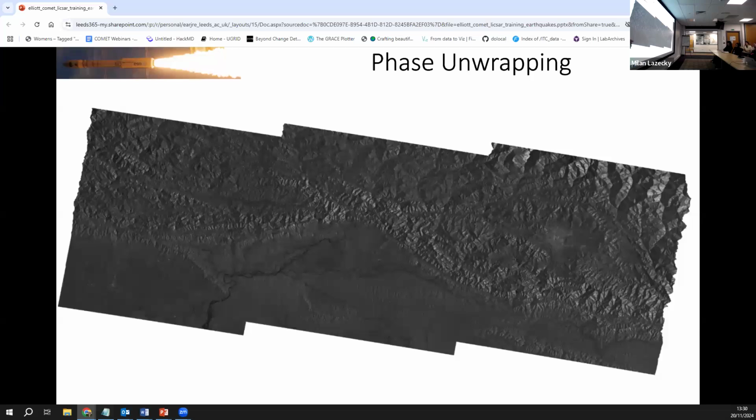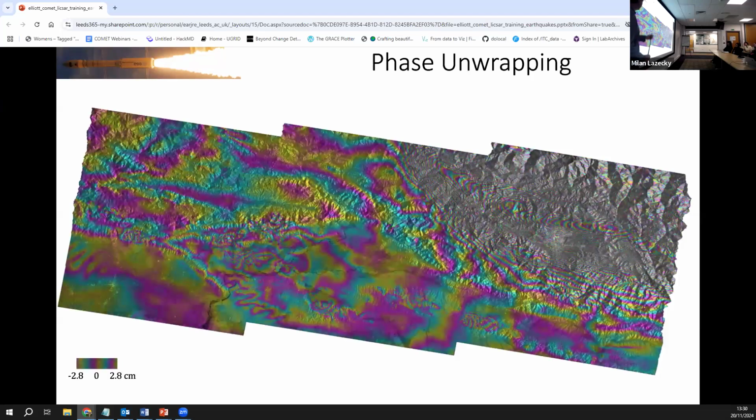So one of the key steps I mentioned was the phase unwrapping. This is coherence first, but I'll step over that. This is the filtered data, and you want to unwrap from somewhere that's about 0 to this peak deformation. So this has now been flipped and geocoded. Again, one of the big steps is to go from the radar geometry, which is sideways looking and in range and azimuth, into a geocoded lat-long or UTM reference frame.